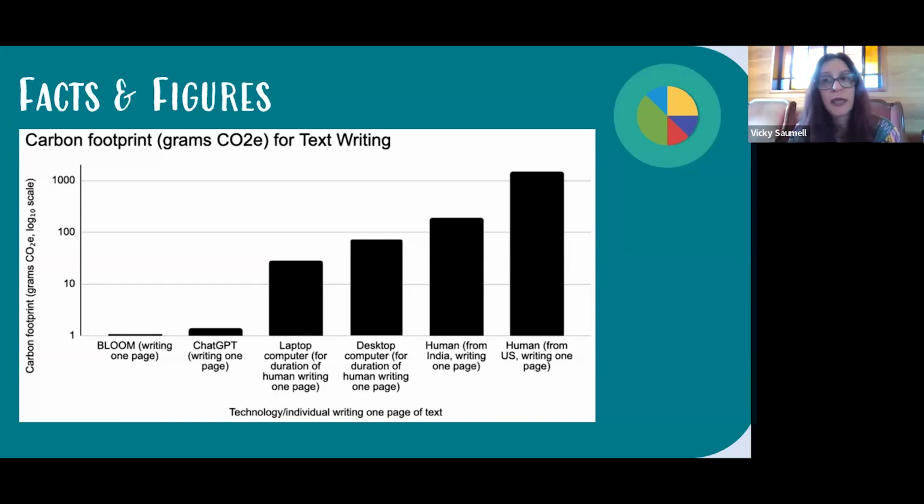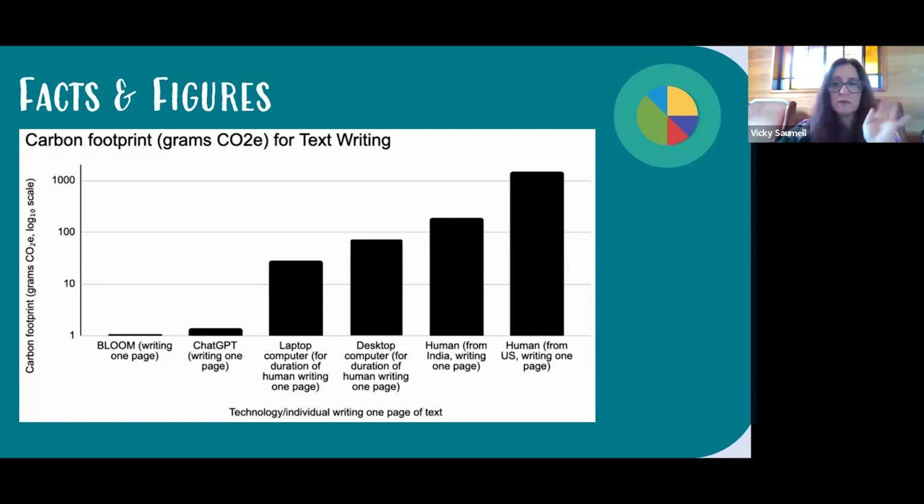I am not looking at the quality of an AI written page and a human written page. That would be a different discussion to be had, and I'm probably going to go with human writing instead of AI writing. But I think we need to look at this, because this was really surprising for me that we humans would use more energy to write one page than ChatGPT. So let's bear this in mind.